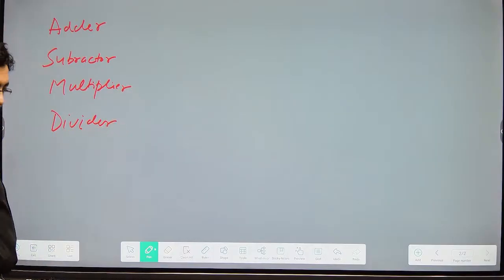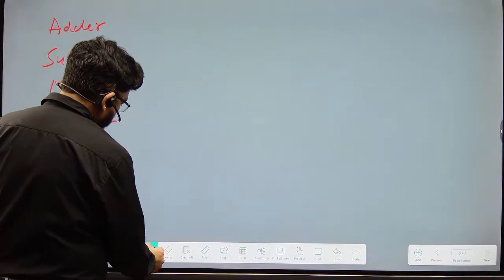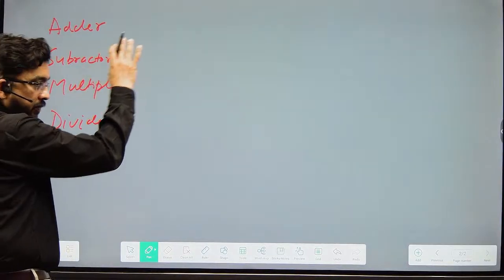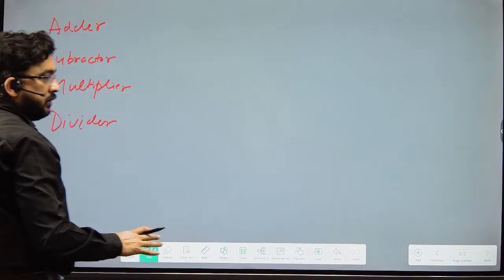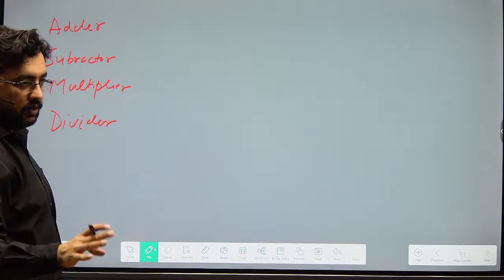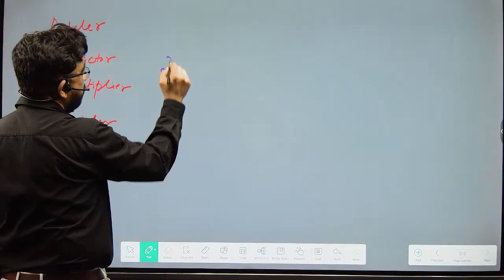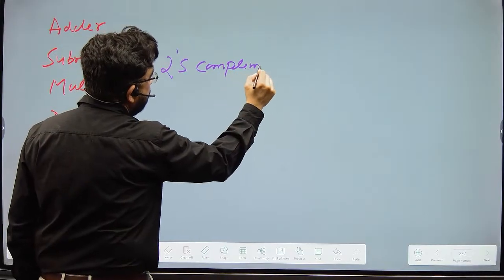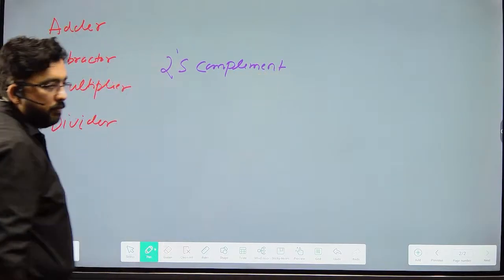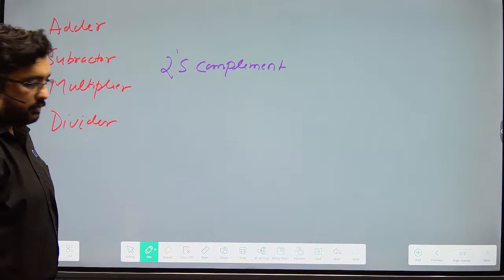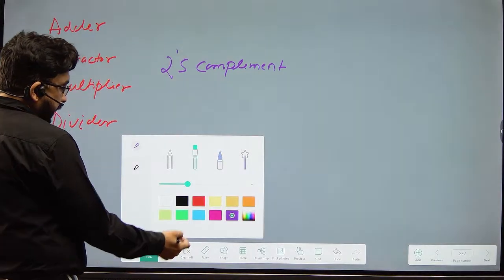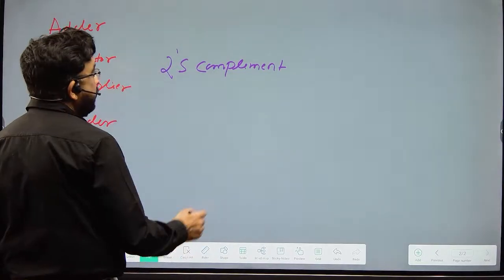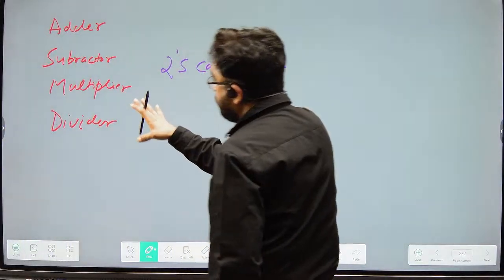Now the brain of the full design is the 2's complement. And you require some basic components other than the adder, subtractor, multiplier and divider.